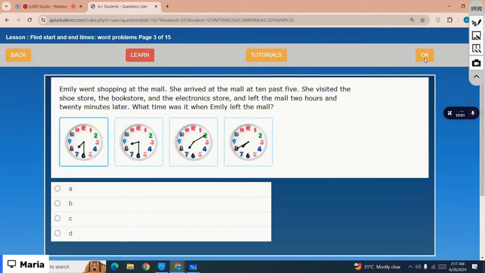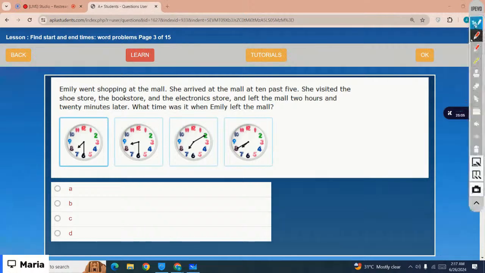She arrived at the mall at 10 past 5, right? That is 5:10.